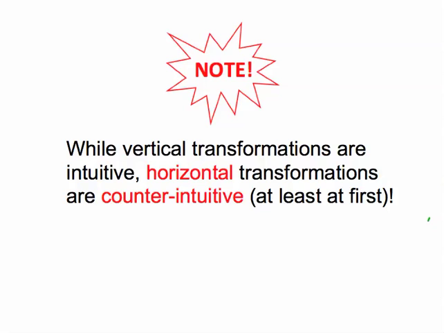When you're changing things inside the brackets of the function notation, they seem to do the opposite of what you think at first. When you replace x with x plus 2, you move to the left by 2. When you multiply x by 2, you're actually horizontally stretching by a factor of 1/2. So there's a little bit of counterintuitiveness to it at first, so just keep that in mind.